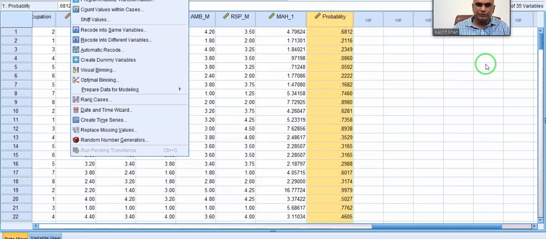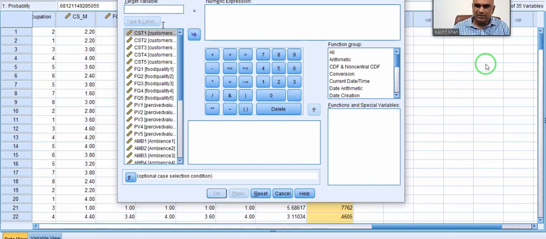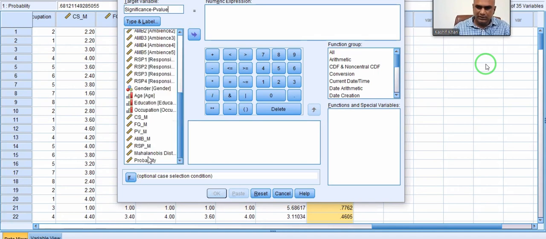Let's go back to transform, compute variable, and let's reset it. Let's name it significance, or p-value, significance p-value. So let's do this. I click on probability, it came out, and I say less than 0.001. And I say okay.